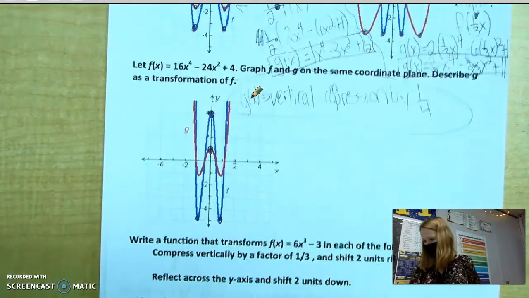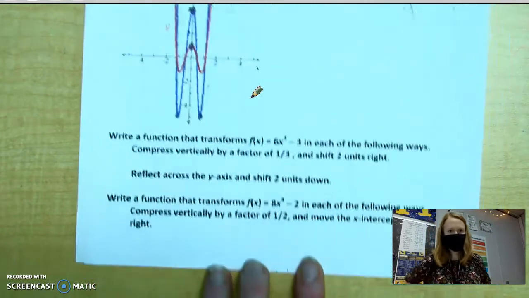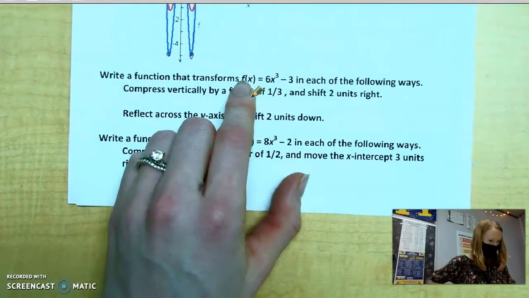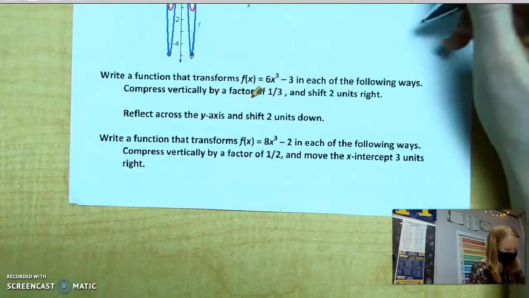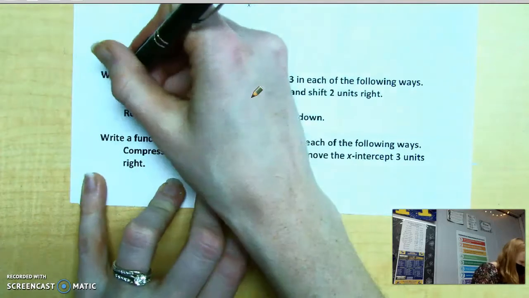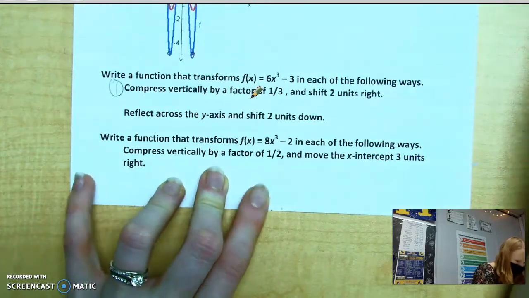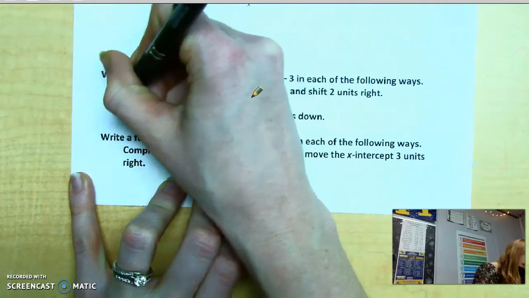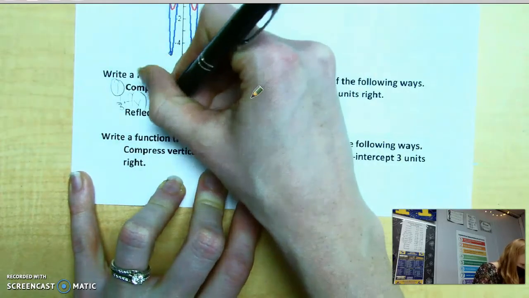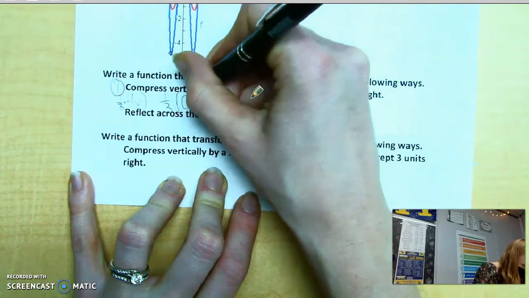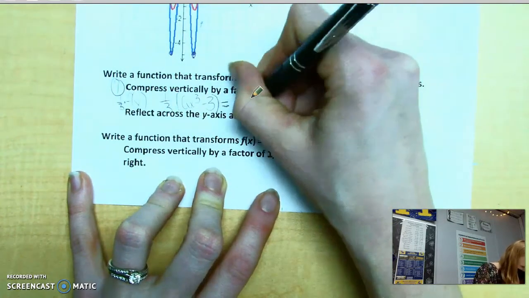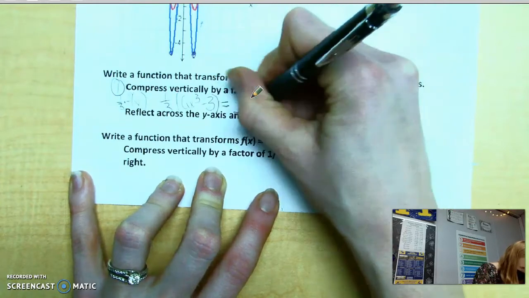And then let's practice a few more of these just with words. So it says write function f in each of the following ways. So first thing that we're going to do is compress vertically by a factor of 1/3. So we're going to take our f and multiply the whole thing by 1/3. So 1/3 of 6x cubed minus 3 gives me 2x cubed minus 3.